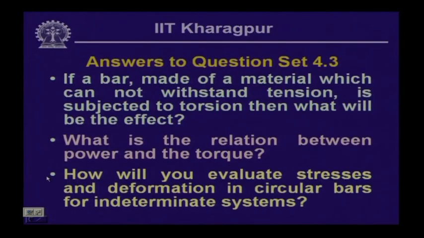Now, the last question which was posed was how will you evaluate stresses and deformation in circular bars for indeterminate systems. As we have discussed so long, we were looking into systems of bars where the bar is fixed at one end and subjected to the twisting moment, or a shaft which is fixed at one end, maybe non-uniform, subjected to non-uniform torsion at different points.